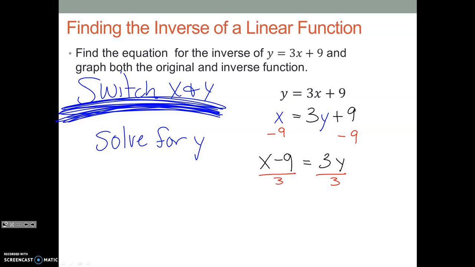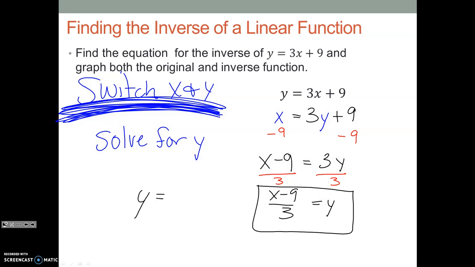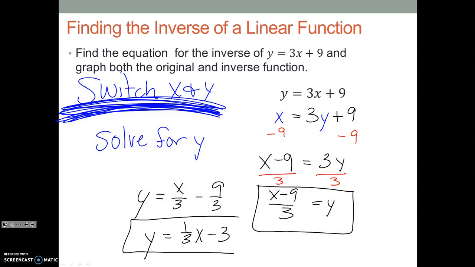Okay? And honestly, you have an option at this point. You could just leave it as y equals x minus 9 over 3. Totally okay to leave it that way. If you wanted to, you could also make it y equals x divided by 3 minus 9 divided by 3. So you could also write this as y equals 1/3 x minus 3.